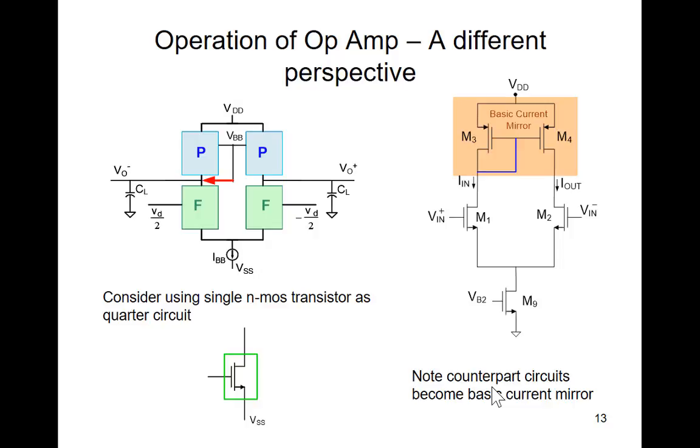So this current here is going to be this minus this. So it's going to be minus GM1 over 2 VD minus GM1 over 2 VD, which is equal to minus GM1 VD. So the current we're steering to the load here is now twice as big as it was before. Does that answer your question?